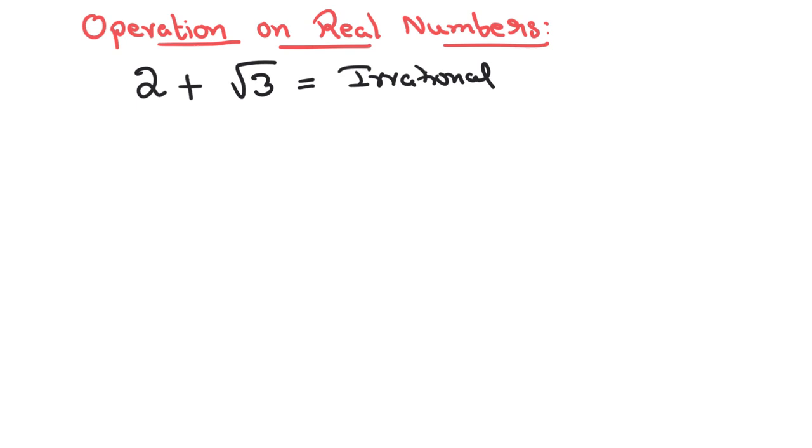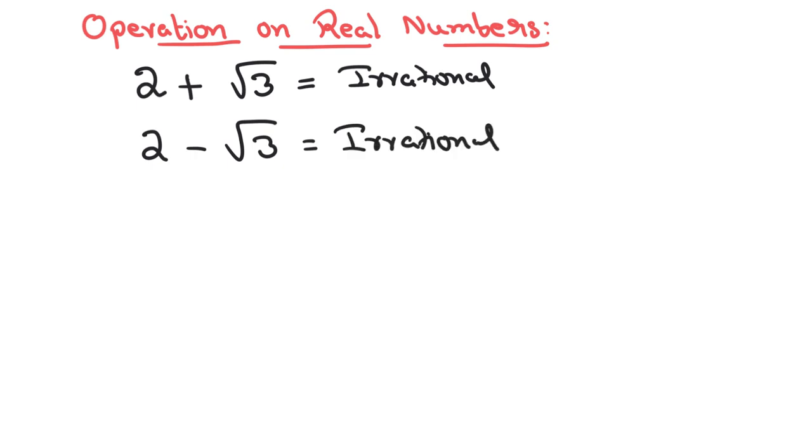If you add 2 to it, it will still go on and on. So therefore, a rational added to an irrational number is an irrational number. The same thing goes for minus root 3. What do we get? Whatever it is, we get an irrational number. Understand?